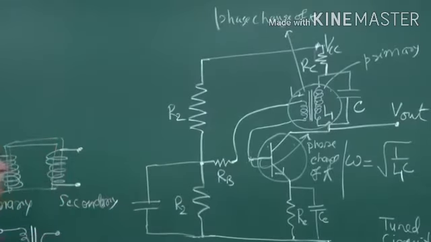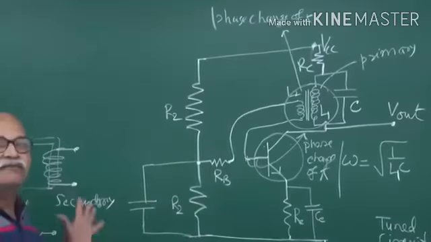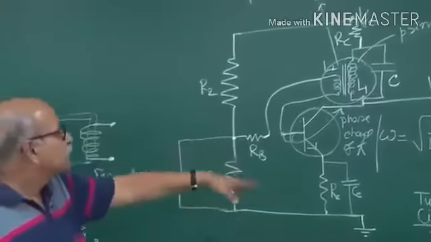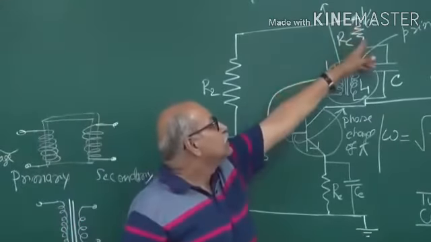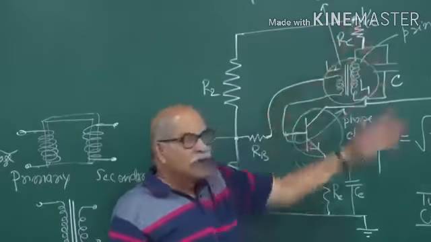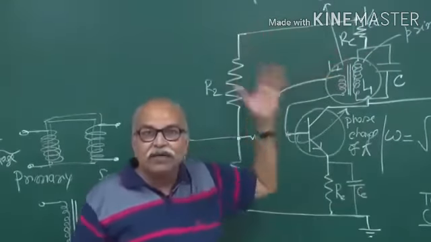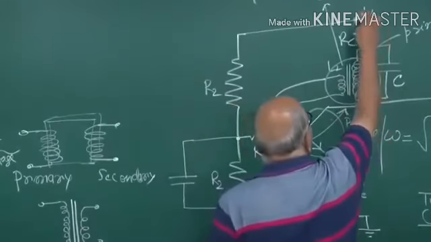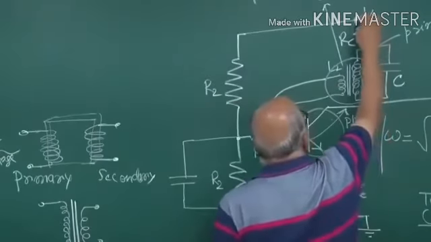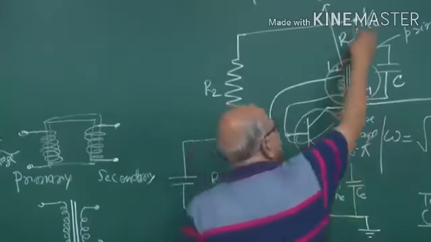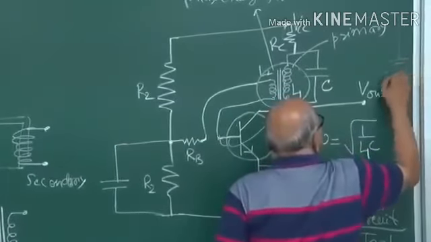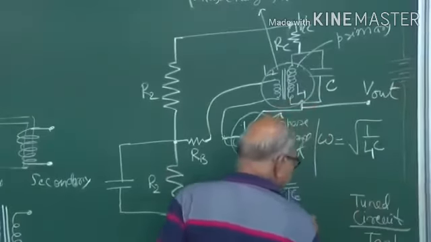So when the circuit is put on for the first time, wherever you have a switch, you can have a switch here. Initially there is no VCC, so there is no biasing anywhere. If I put a switch here and this VCC is open, that means you have a battery out here.